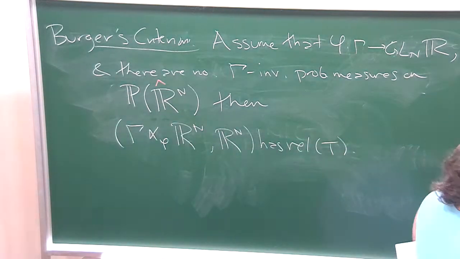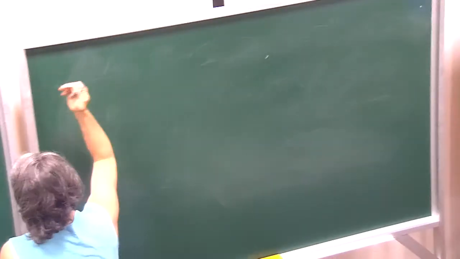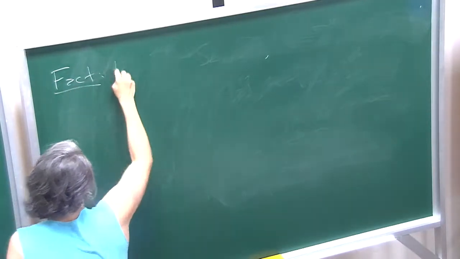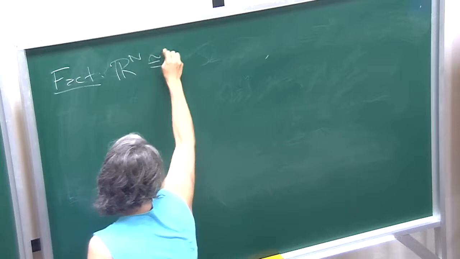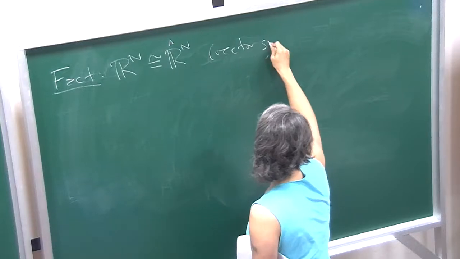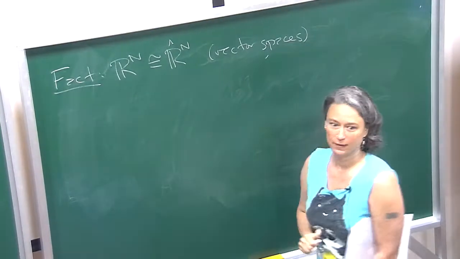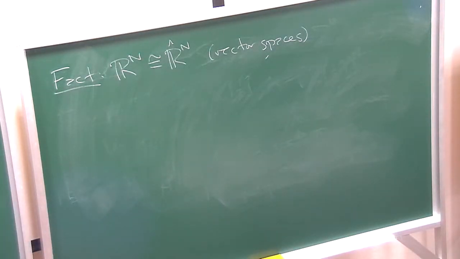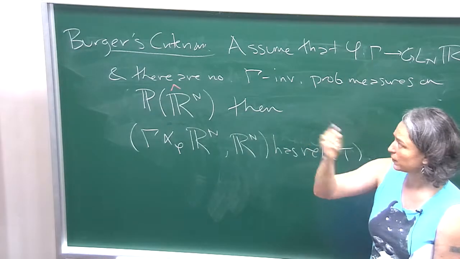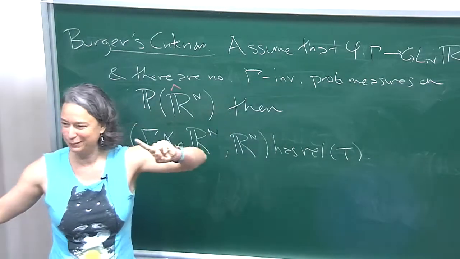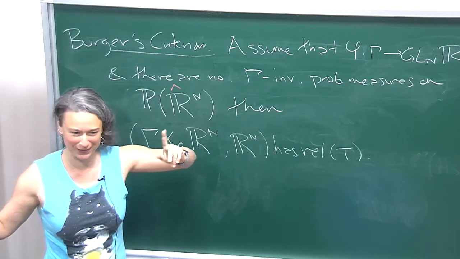We're going to talk about the unitary dual of Rn now, but just a quick fact is that as vector spaces, these are isomorphic. Okay? So why is it important then that I put this hat here? Because the hat is related to this representation. Okay? So Berger says, if you do not have an invariant probability measure, now we know what you look like if you have an invariant probability measure.